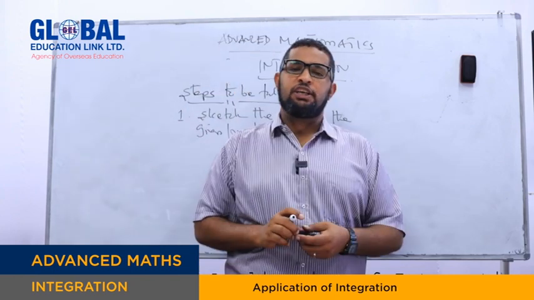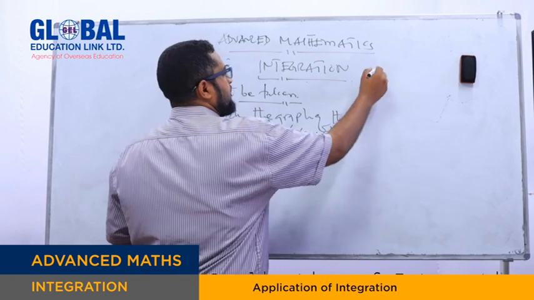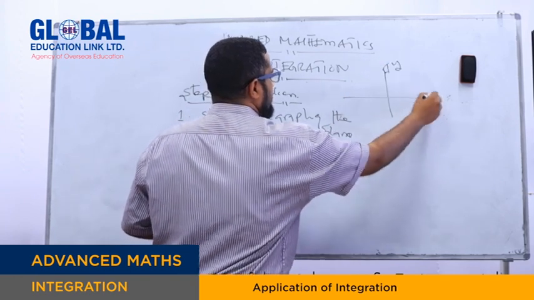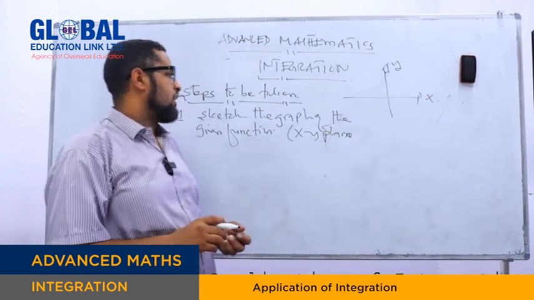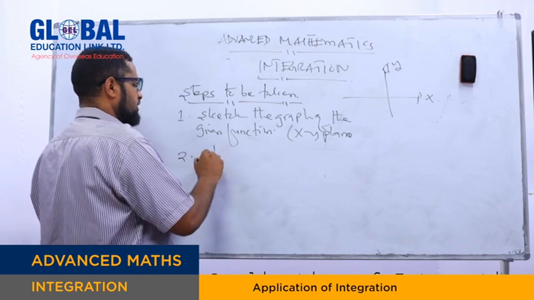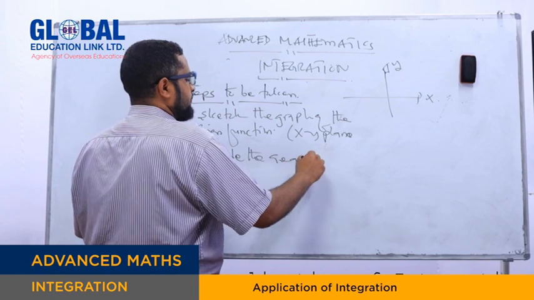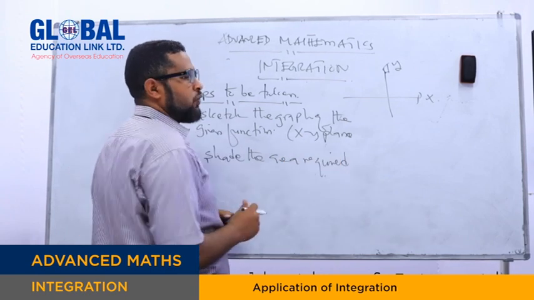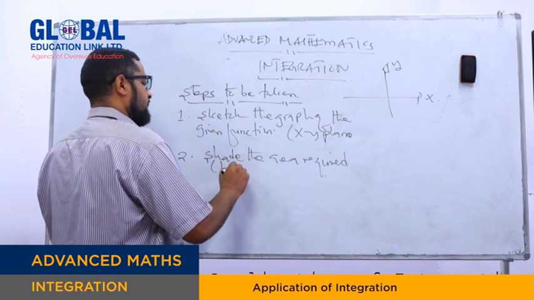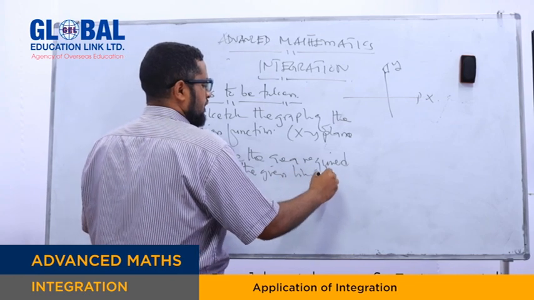After sketching the graph in the XY plane, you are then supposed to shade the area required, between the given limit.